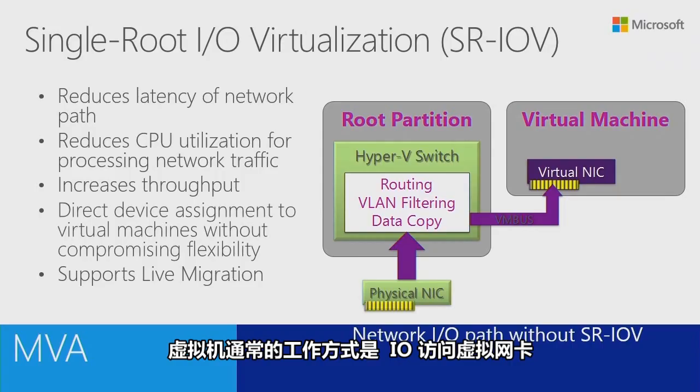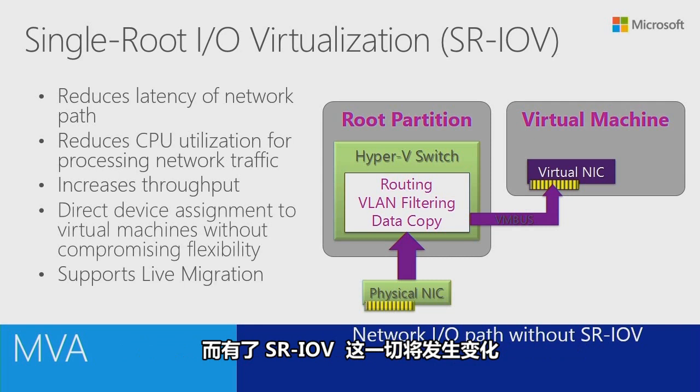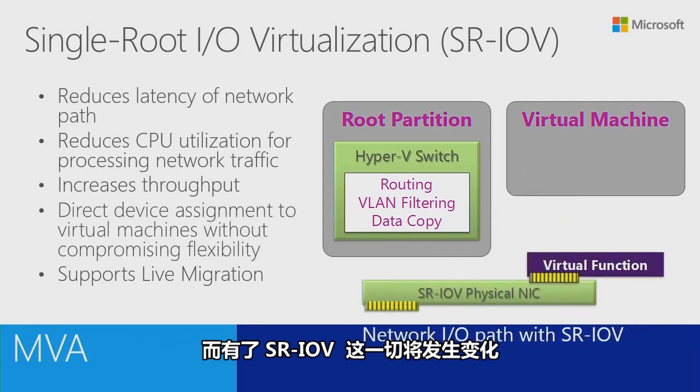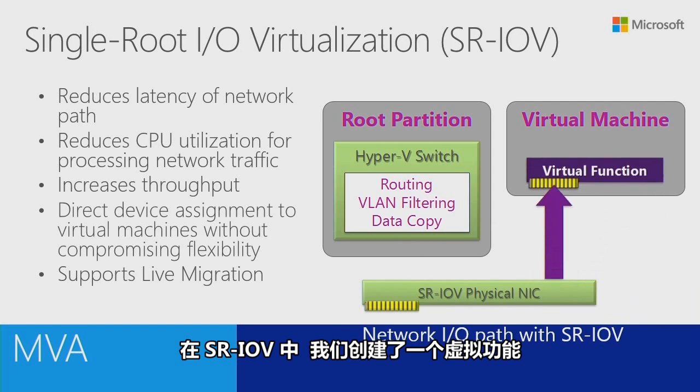If you see here in this diagram, the way virtual machines normally work is I/O goes to the virtual NIC, which communicates to the switch, which then communicates down to the physical NIC. With SRIOV, this changes. We create a virtual function, and that virtual function communicates directly with the physical NIC.